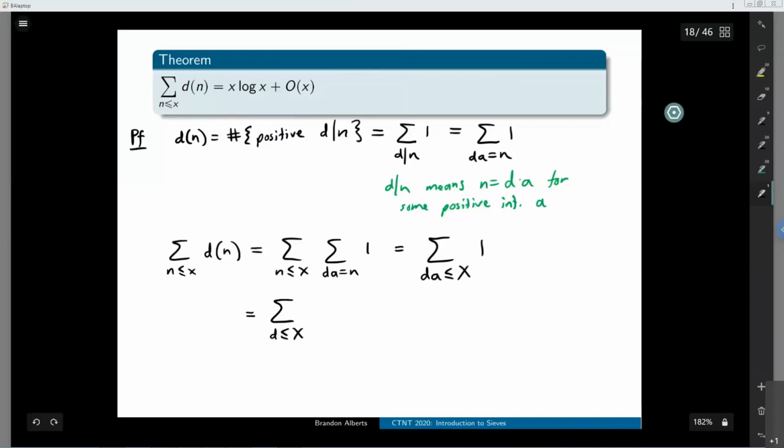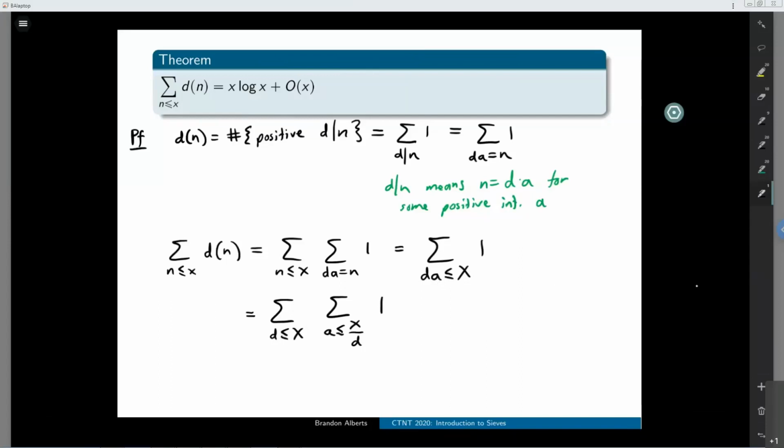And now I need a sum over a values that also satisfy this inequality. Well, in order for d times a to be less than or equal to x, that's the same thing as a being less than or equal to x divided by d, of 1.